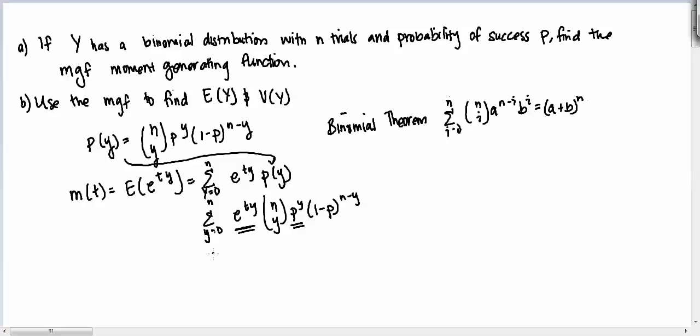So y equals 0 to n of p e to the t, to the y. And then I still have my n choose y, which I think of more as a coefficient, so I put it out in front. And then I'll have the 1 minus p to the n minus y.